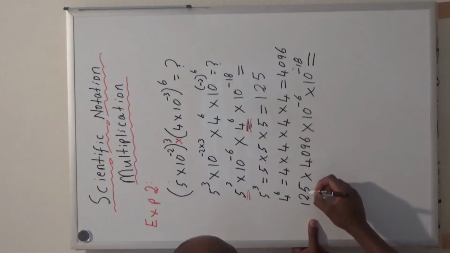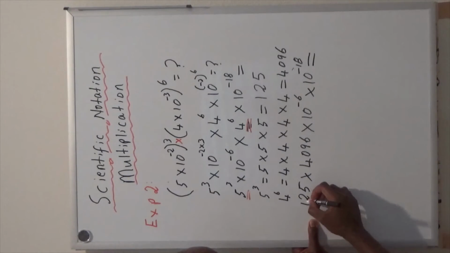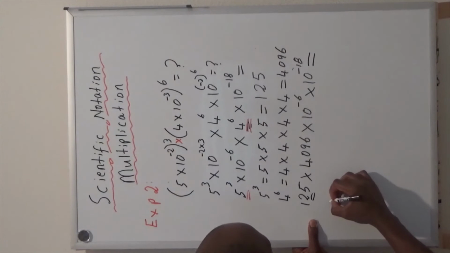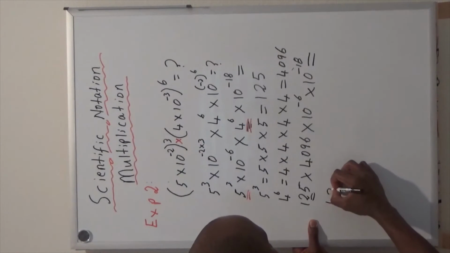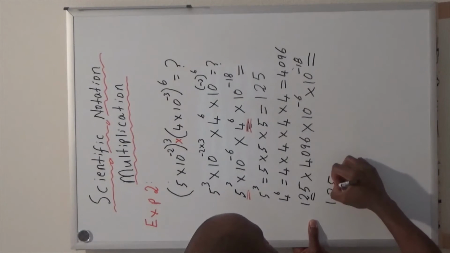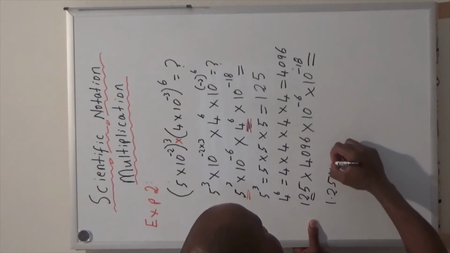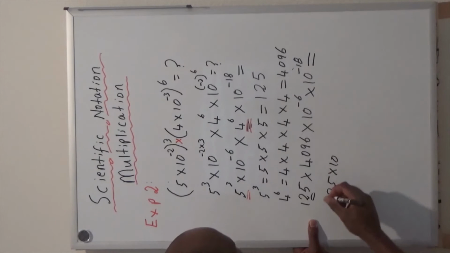To get a number between 1 and 10, the point can only be here, so I will go 1.25. I know it should have 10 to the power of something.